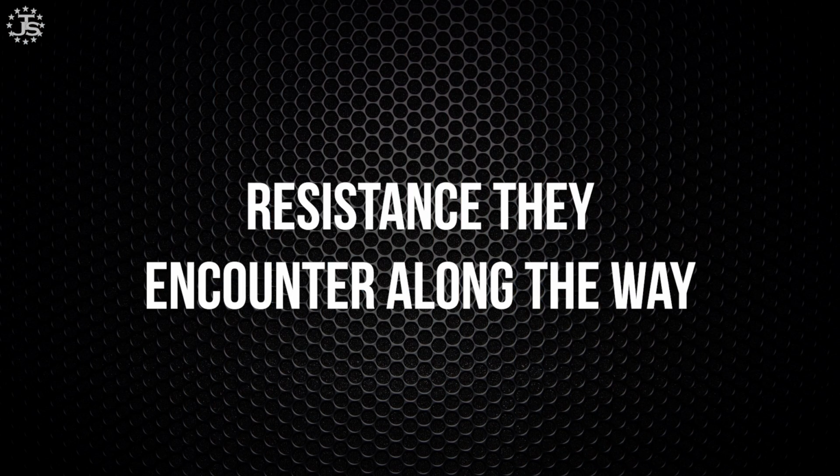The next factor you need to consider when assessing an athlete and what is going to be specific to their training needs is the resistance they encounter along the way. So we've established how far they go, we've established how fast and what directions they go, how long those intensive bouts last. Now, what do they deal with along the way? And this is going to be much different and relate a lot to how much strength training that athlete needs.